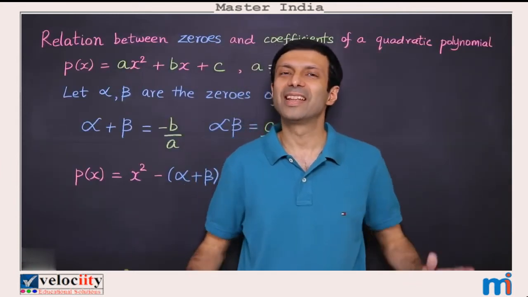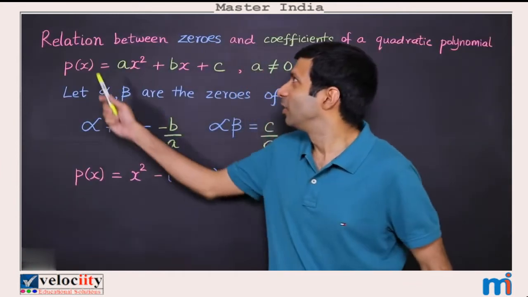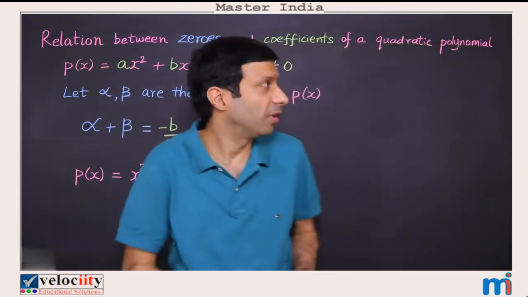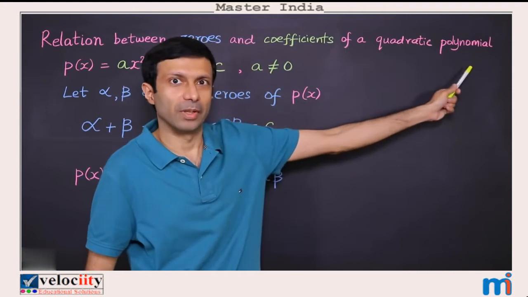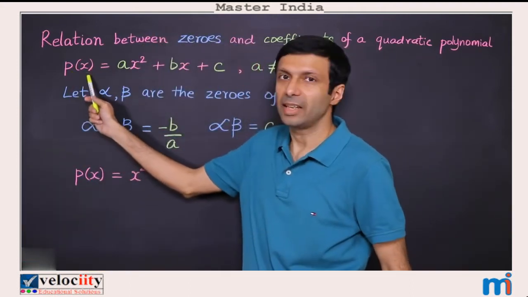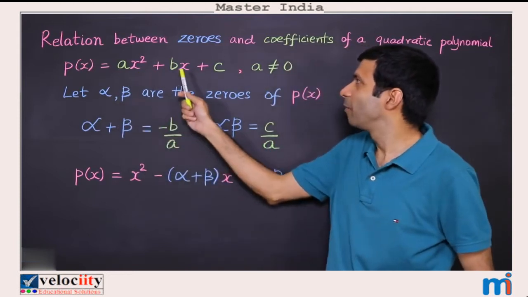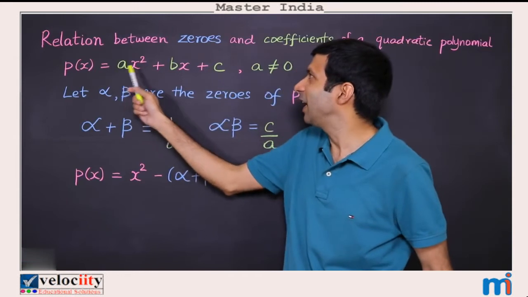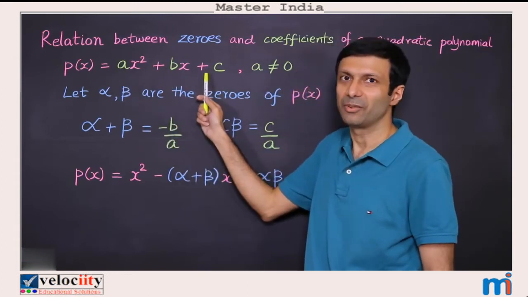Now let's look at the next concept, the relation between zeros and coefficients of a quadratic polynomial. So let's say our quadratic polynomial p(x) = ax² + bx + c, where the coefficients are a, b and c, right?